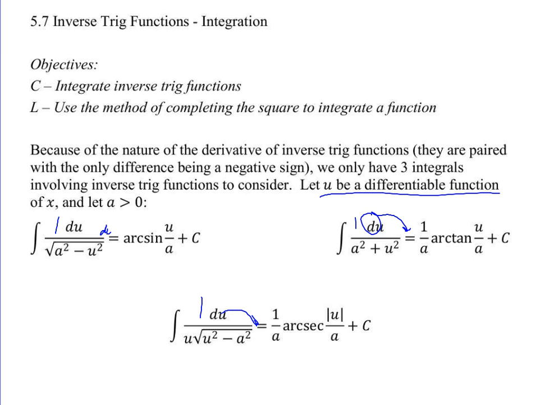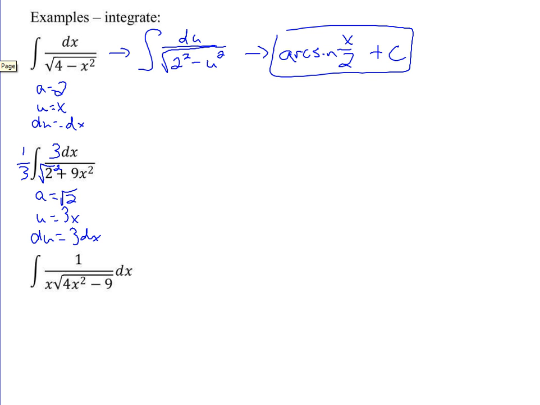Let's go back and take a look at arctangent one more time. We have the du here. We have the a squared, and we have the u squared. So let's go ahead and rewrite it so we have exactly what it is that we're looking at here. We have the 1/3 out front, integral, 3 dx turns into du over, now we have the square root of 2 squared, still, plus what? Well, u is 3x, so u squared is 3x squared. Now we pull straight off of this the pattern for the integral for arctangent, and the pattern is 1 over a.